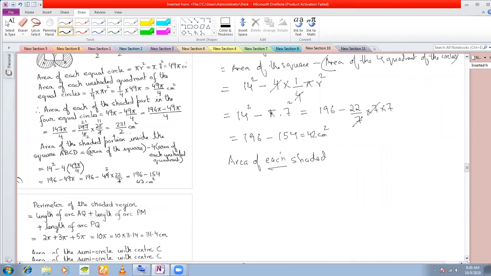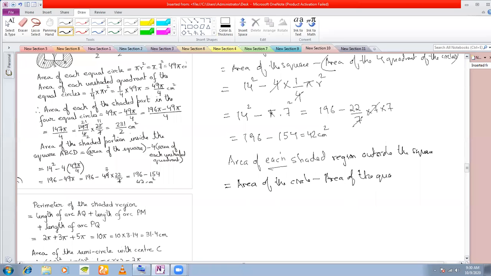So area of each shaded region outside the square is equal to area of the circle minus area of the quadrant of the circle.